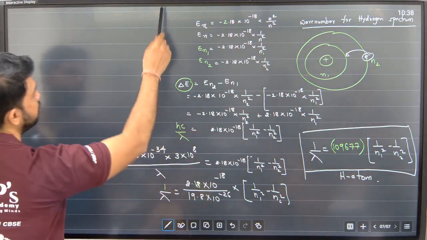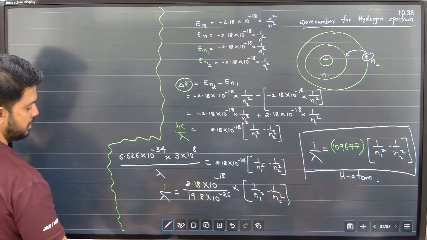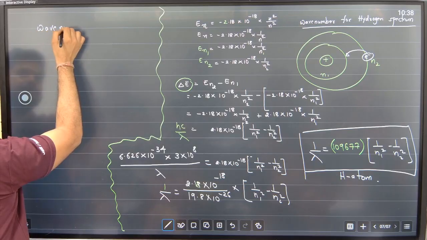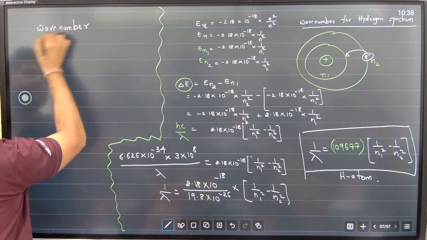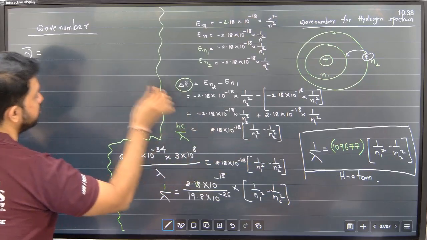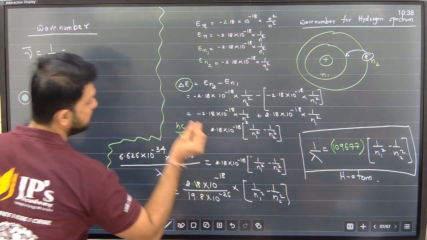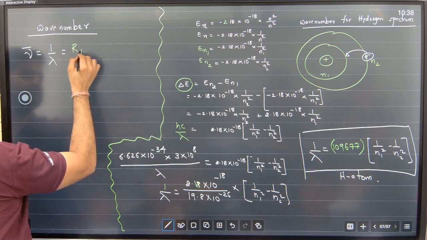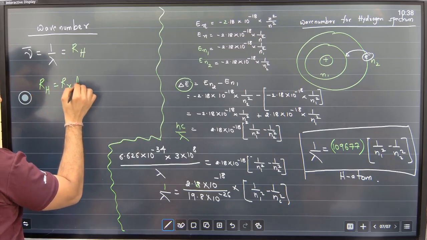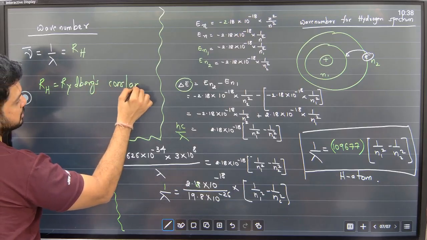1 upon lambda is also called what? Wave number. So the formula for wave number is nu bar equal to 1 upon lambda equal to, this quantity is called RH. RH stands for Rydberg's constant.